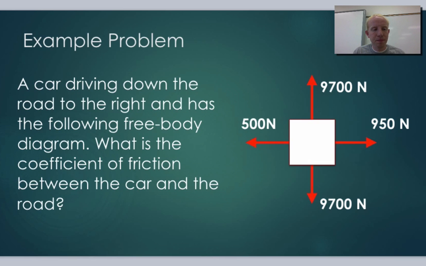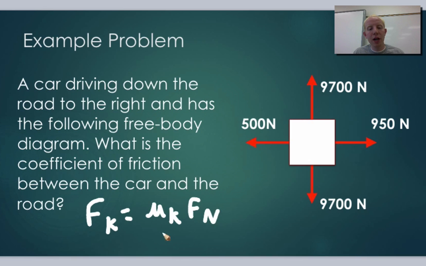So let's think about our equation first. We have F sub k equals mu sub k times F sub n. So if we're trying to solve for mu sub k, we're going to basically take the ratio of F sub k over F sub n. So we're just going to divide F sub k by F sub n.